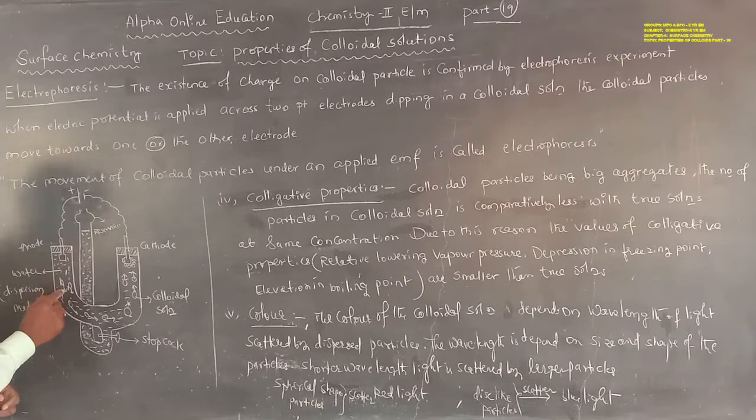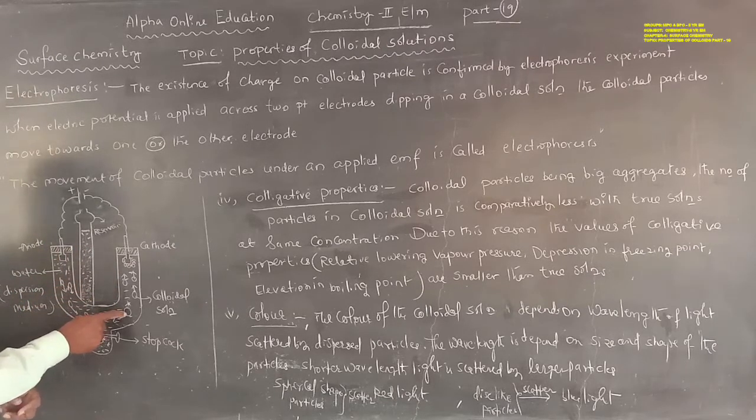So towards what are these colloidal particles moving? Suppose the colloidal particles have a positive charge, a positive colloidal solution. In general, metal colloids are positive colloids, whether gold colloid, iron oxide, or silver colloids.